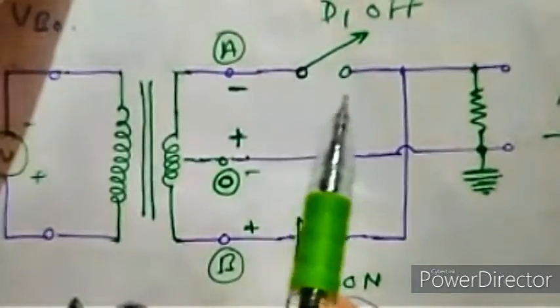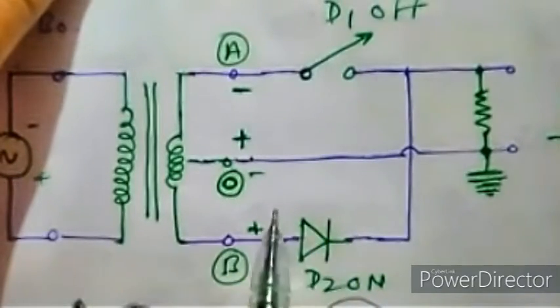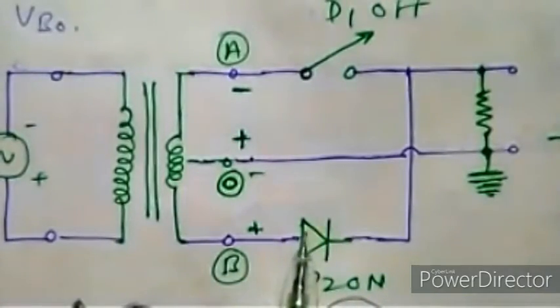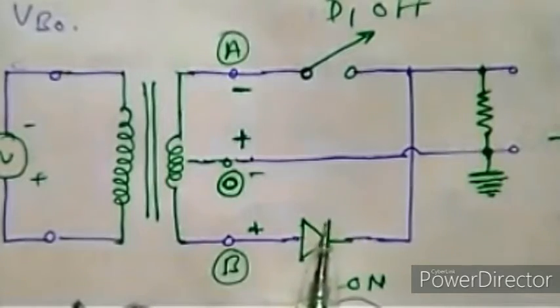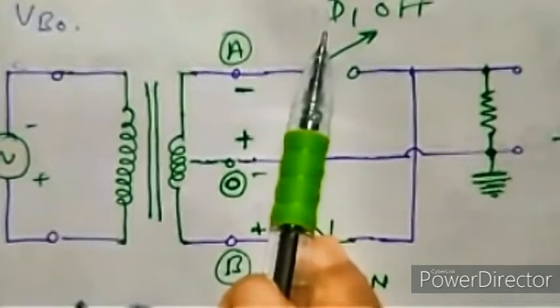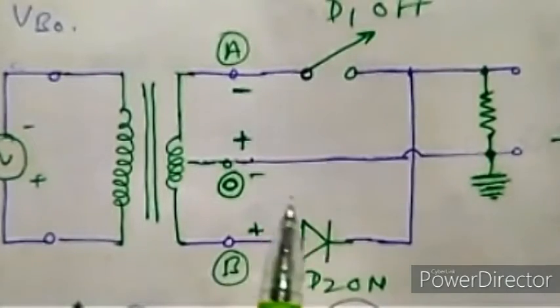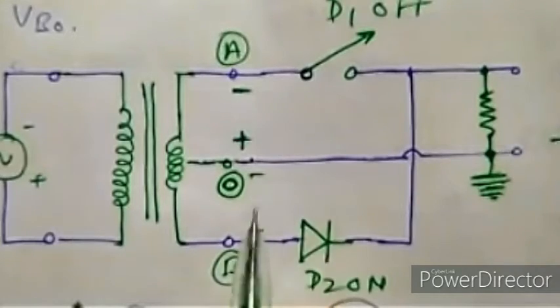So D1 is reverse biased and D2 is forward biased. So D1 acts as an open circuit switch, and D2 carries the entire load current.